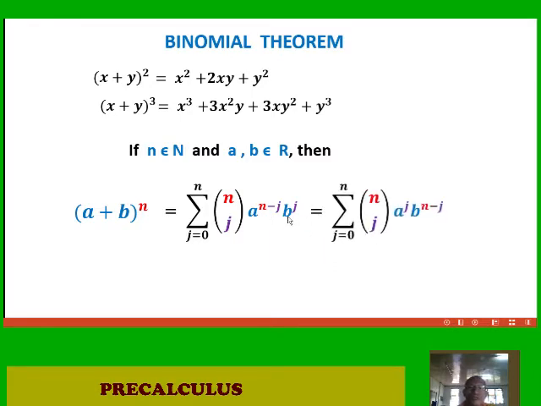The exponent of a and b can be interchanged. This is a raised to n minus g and b is raised to g, or a is raised to g and b is raised to n minus g, as long as the sum of the exponents of a and b is always equal to n, or the power of the binomial.